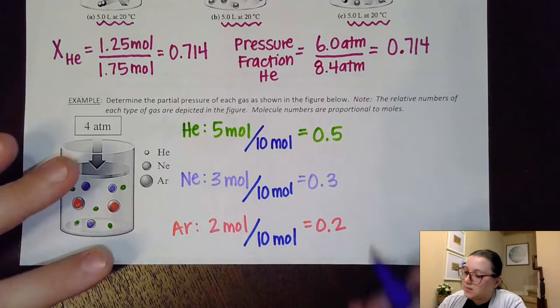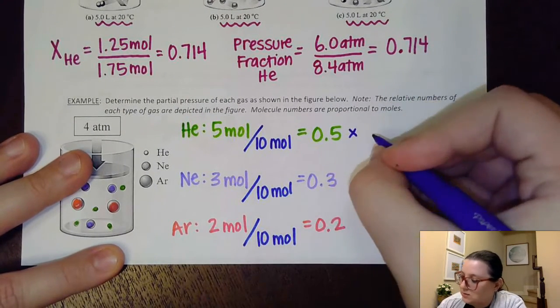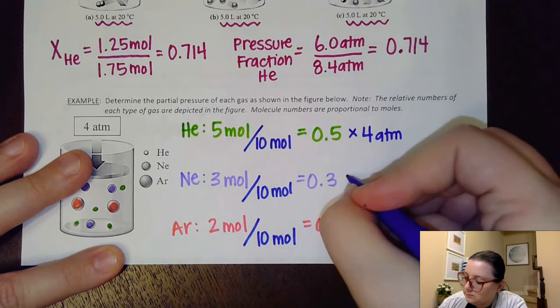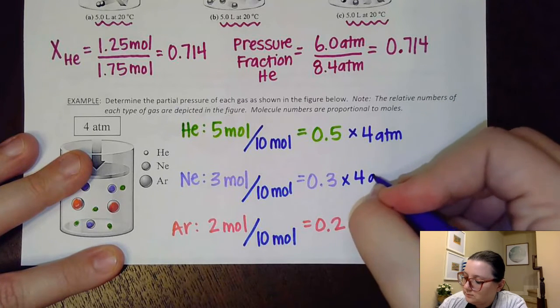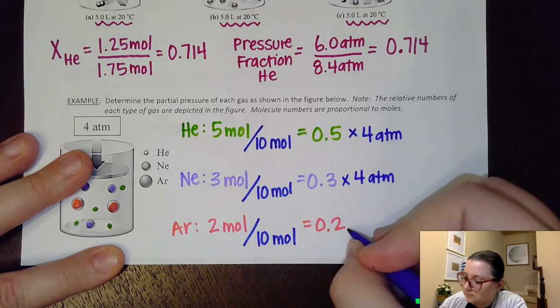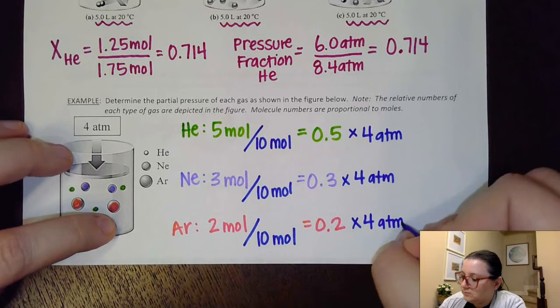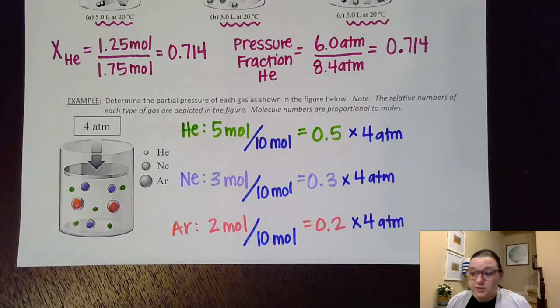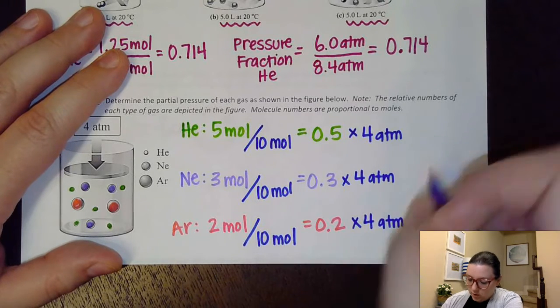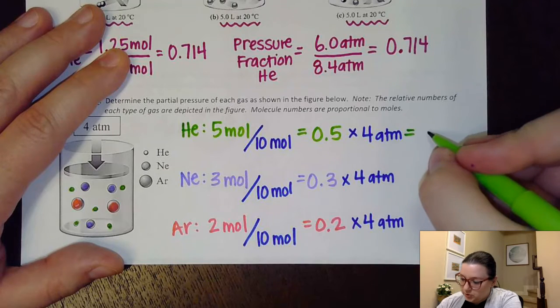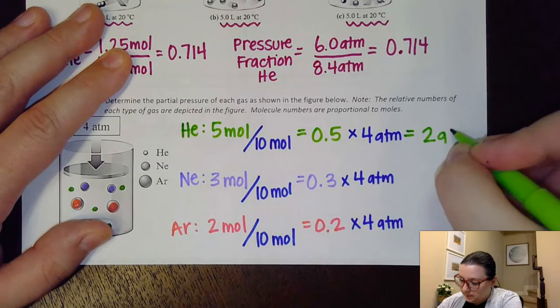So what that means is I'm going to multiply each of these by 4 atmospheres. All right, so when I do that, 0.5 times 4 would get us a partial pressure of 2 atmospheres.